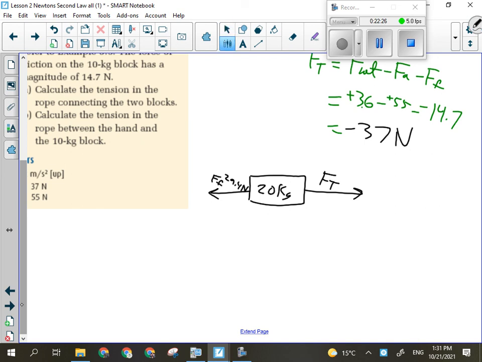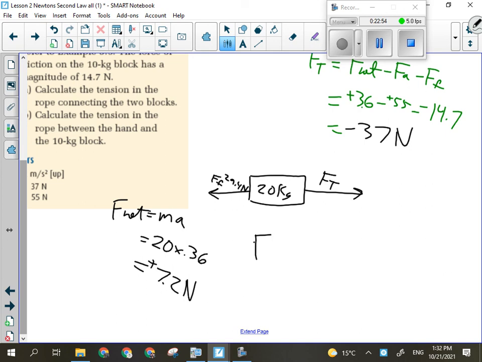Again, I want to calculate F net, mass times acceleration. This time I'll do it right though. 20 kilograms times 0.36 is going to give me 7.2. I did it in my head again, but I think I did it right this time. 7.2 newtons, and that is positive because this thing's accelerating forwards.